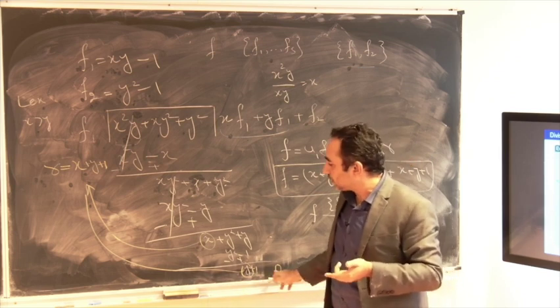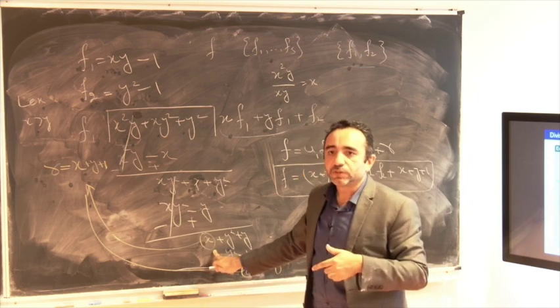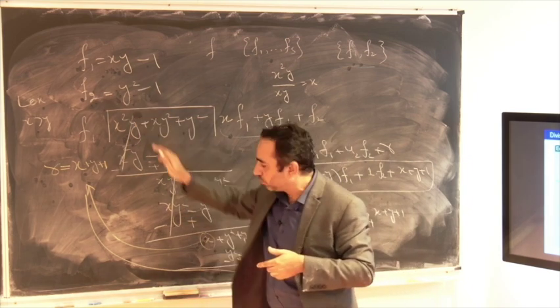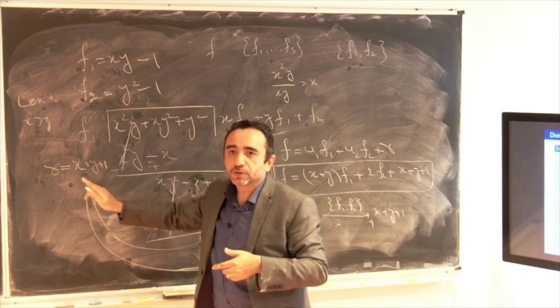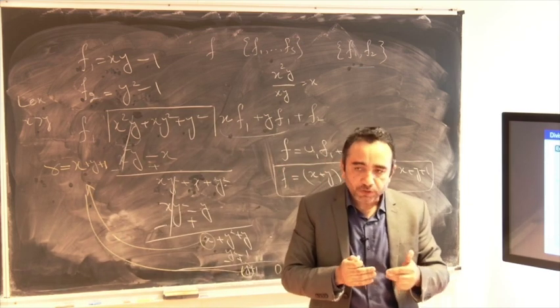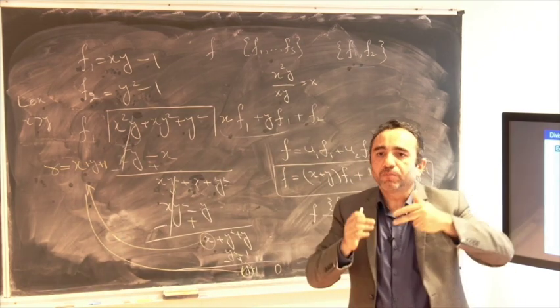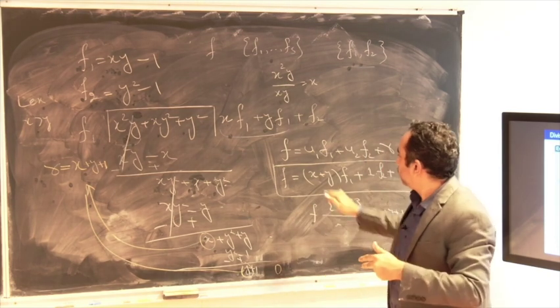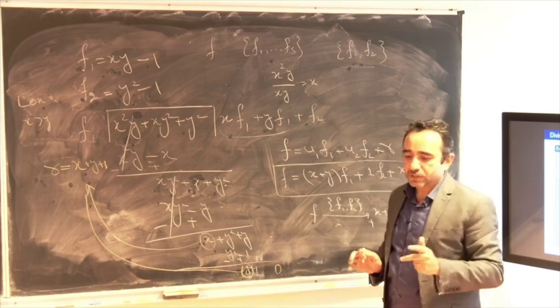Why? Because in each step, if there is a term which is not divisible by any of the leading terms of f1, f2, we will take that term to the remainder. So it's a step-by-step procedure in which we are building the quotients and the remainders, and in the end we get both quotients and a remainder. Okay, this is the procedure.